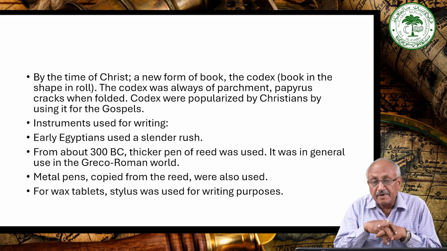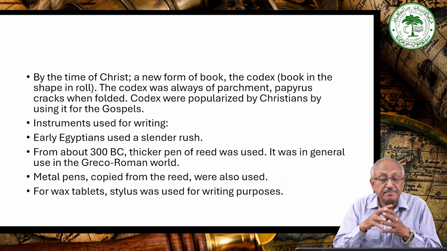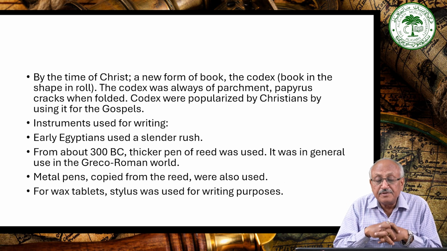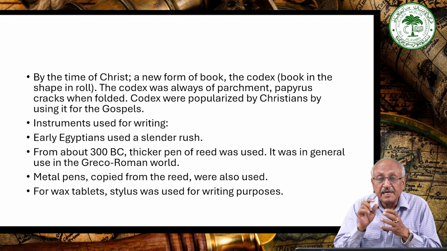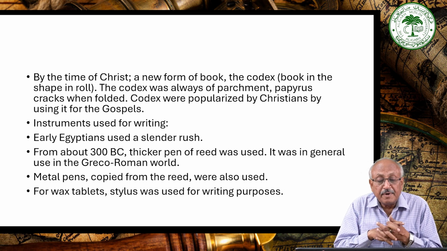Instruments used for writing. What are the instruments with which they were written? Early Egyptians used a slender rush. From about 300 BC, a thicker pen of reed was used. It was in general use in the Greco-Roman world. Metal pens copied from the reed were also used.